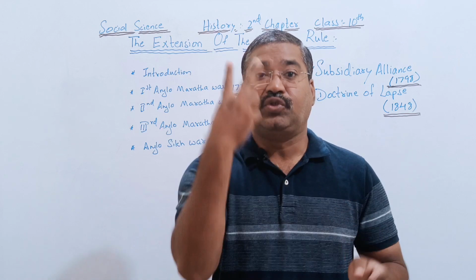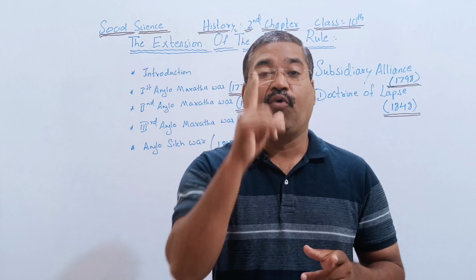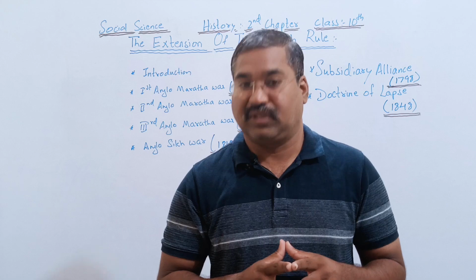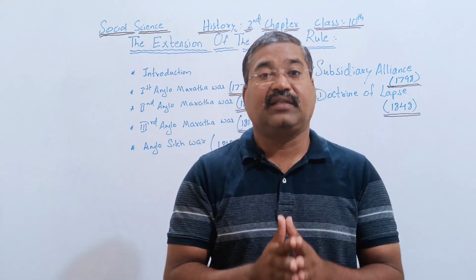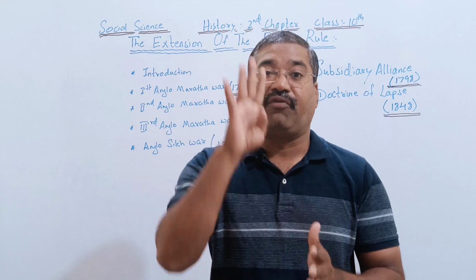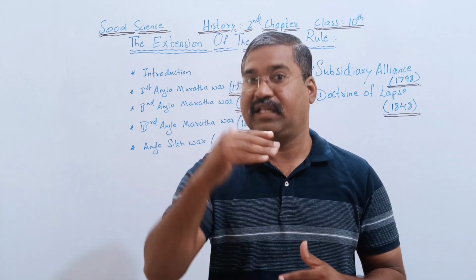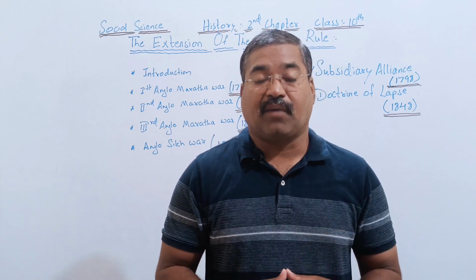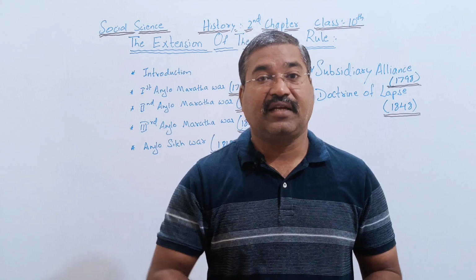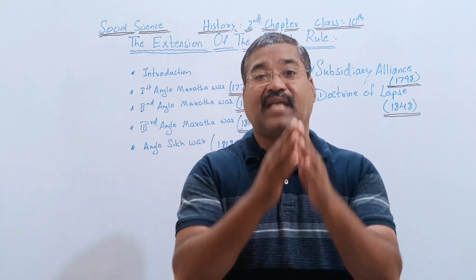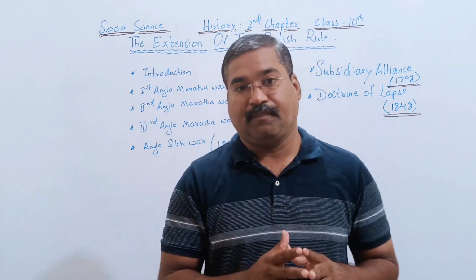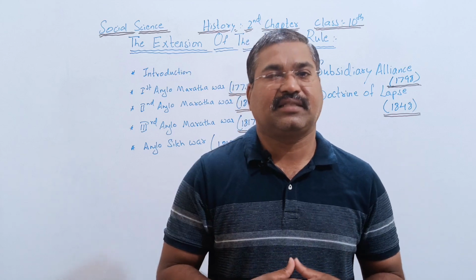Two more competitors are there: the Marathas and the Mysore Sultans. With Mysore we are going to learn about the four Anglo-Mysore wars in our next chapter. But in this topic, in the southern side, the biggest obstacle to the development of the English was the Marathas, a strong empire.